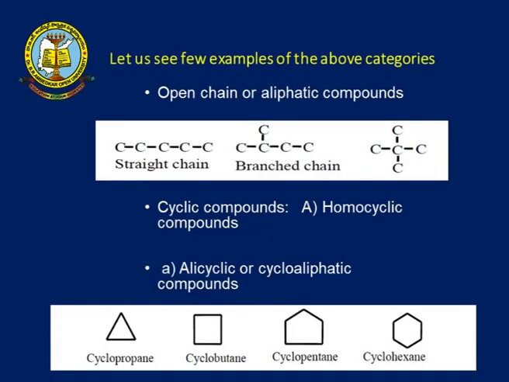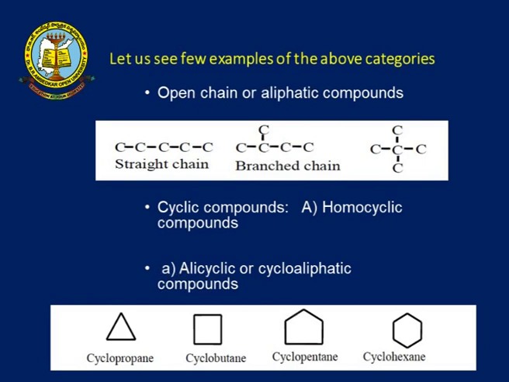For example, let us see the examples of this classification. Open chain looks like this. Open chain compounds can be straight chain, or branched chains, or complexly branched. In a straight chain, each carbon is in turn attached to 2 more carbons. In a branched chain, each carbon is in turn attached to 3 more carbons or 4 more carbons.